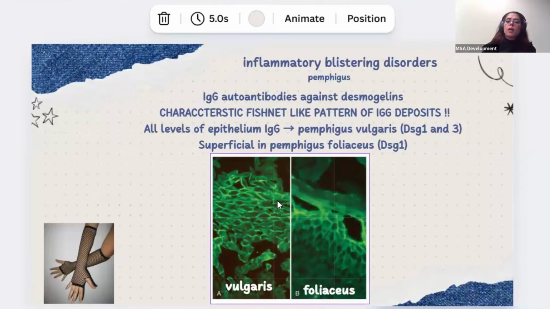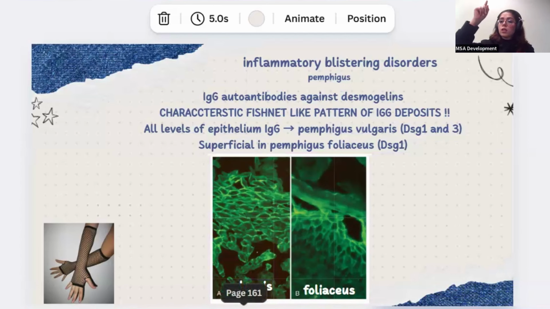If it's pemphigus foliaceus, it's desmoglein 1. In vulgaris, you can see the fishnet appearance throughout the whole thing, because we said 1 is throughout the whole thing. Okay, and 3.